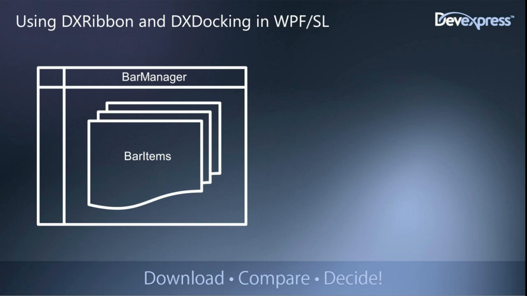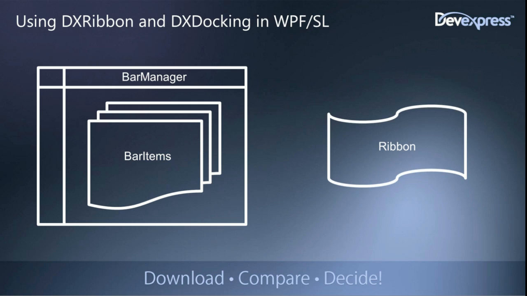Bar items can be essentially any editors that we provide, designed to work with any one of our toolbars. This can be the regular ribbon bar, or the standard toolbar or menu system, so they're reusable. Then we implement the ribbon and create item links to access each bar item, and all of these remain reusable throughout the application.